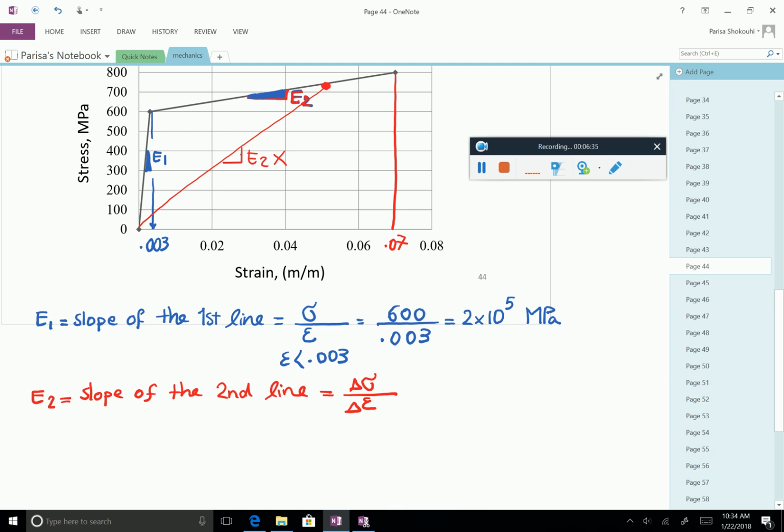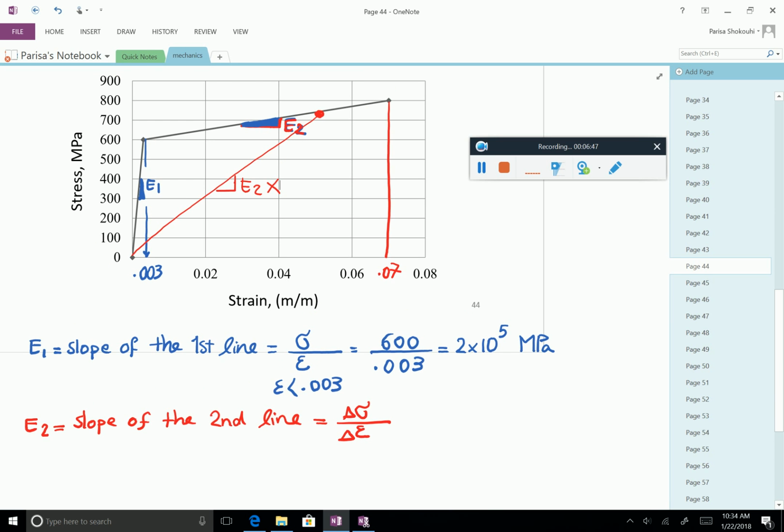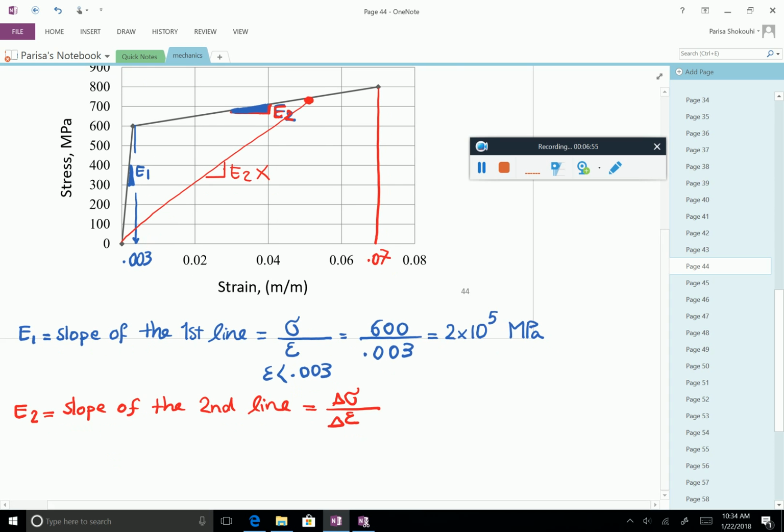So this is like the derivative, like what we discussed last time, more like a chord modulus. And to obtain that, you can see easily graphically that what we can do is to see how much we are going in the vertical direction over horizontal direction.